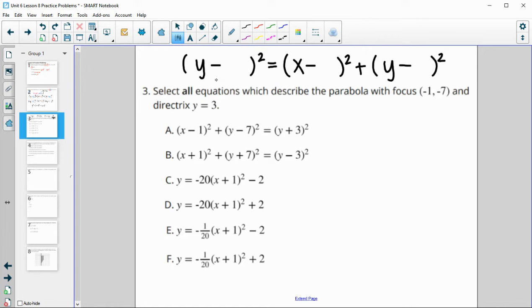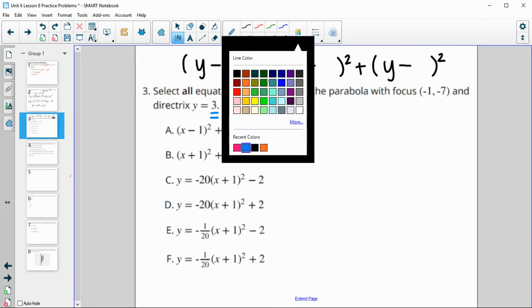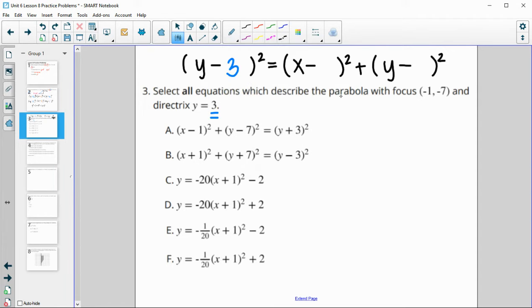The distance to the directrix is y minus the y coordinate of the directrix. Then the distance between the points will be the subtraction of the x's, so we'll do x minus the x coordinate of our focus.